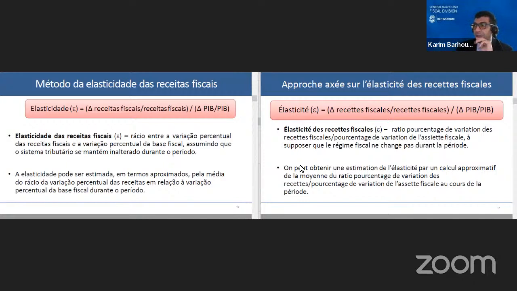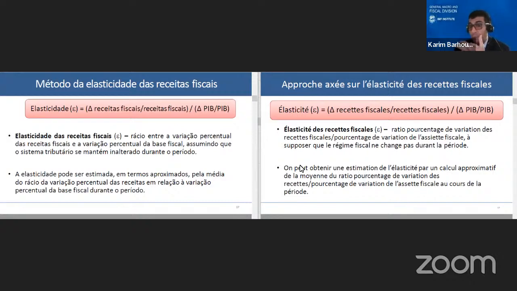One thing I want to highlight is that if the elasticity is equal to 1, as we will see later as well, we can simply assume that you are using the effective tax rate approach, and the elasticity gives us the same result. Otherwise, we will have a difference.